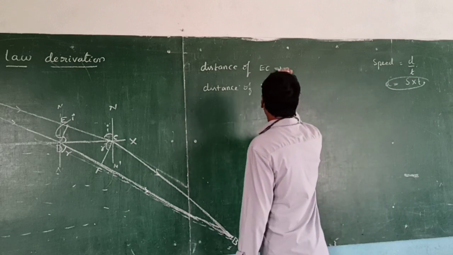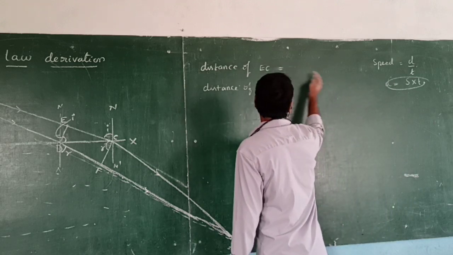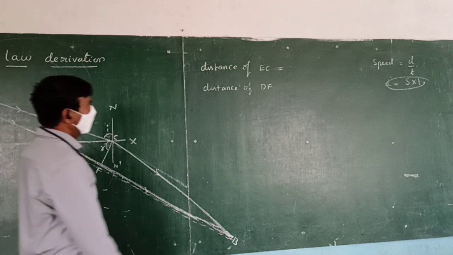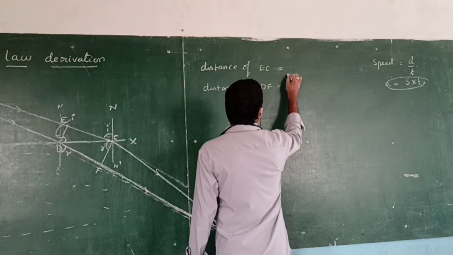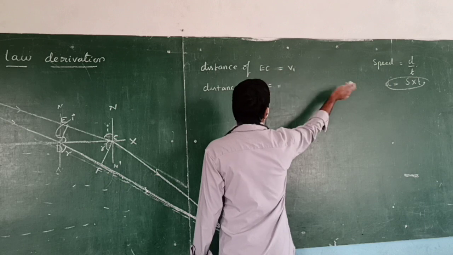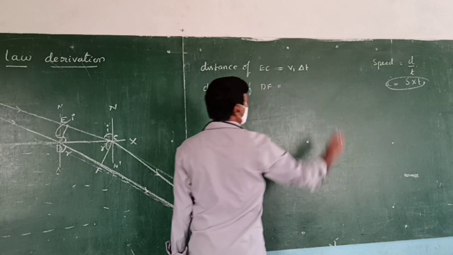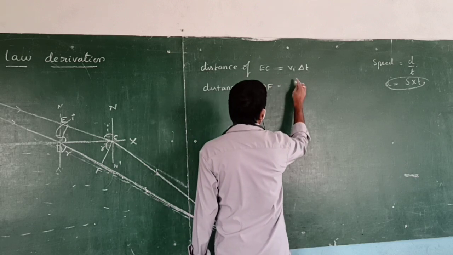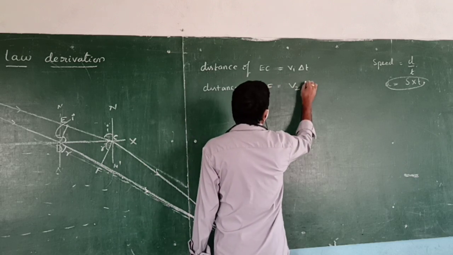So distance EC equals speed in the sand, V1, times delta t, so EC equals V1 delta t. And DF equals V2 delta t.